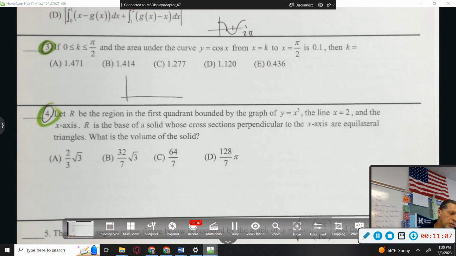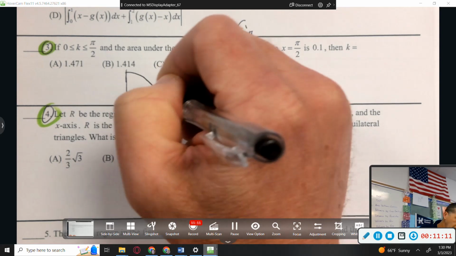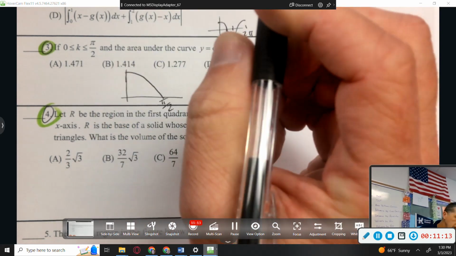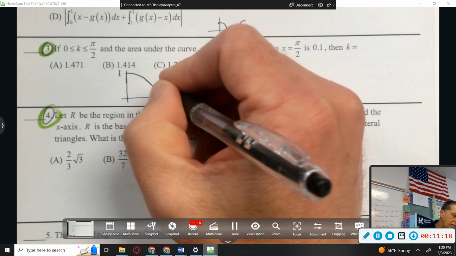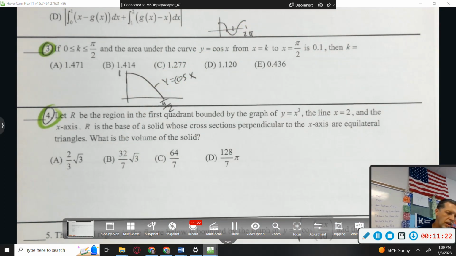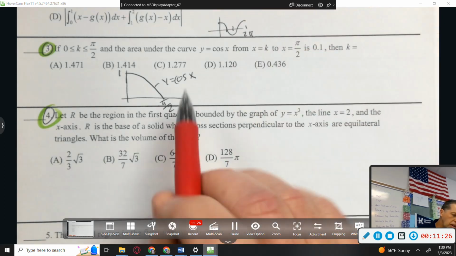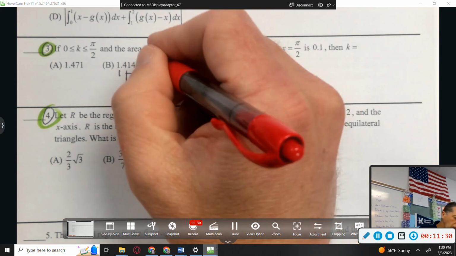So from 0 to pi over 2, it looks like that. There's our cosine graph. And there's some x equal k in there, where the area from k to pi over 2 is 0.1.